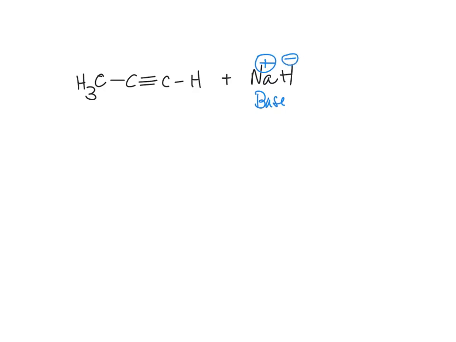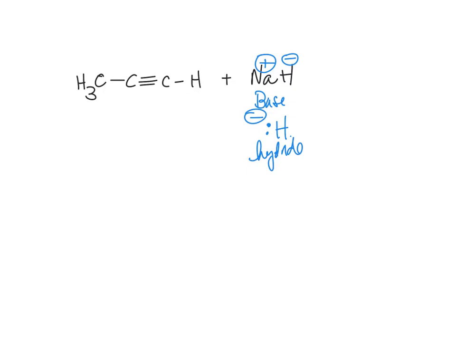Okay, so the next question is acid-base reactions. We have this compound, and you need to recognize that this is your base. You can do that whenever you see sodium, potassium, and lithium. That means that sodium gives up its electrons, so this is actually a hydride. And so that's your base.